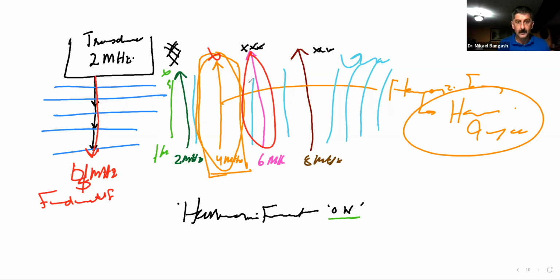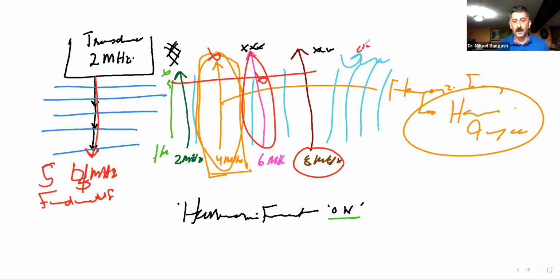Well, you would discard this and use the 8 megahertz. Was it 5 megahertz? Then it would probably have been a 10 megahertz, with more frequencies greater than that.